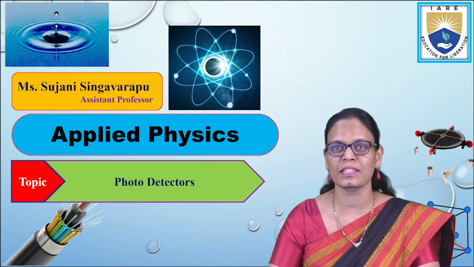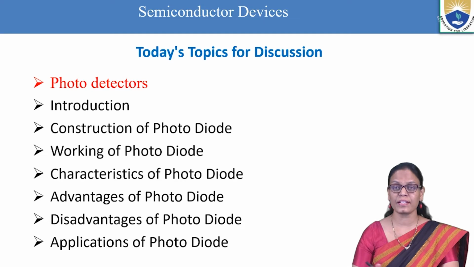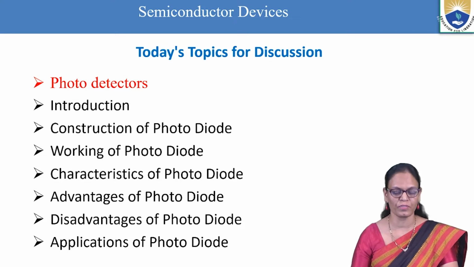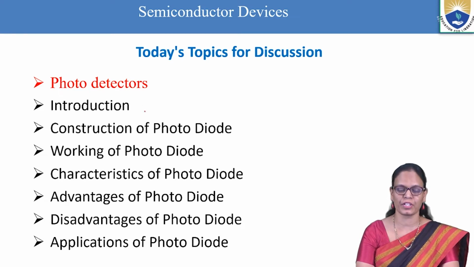Today we are going to discuss photodetectors or photodiode. Now let us see the brief outline of this topic. First we'll see the introduction for photodetectors, and we will discuss in detail the construction of the photodiode, and then comes the working of the photodiode.